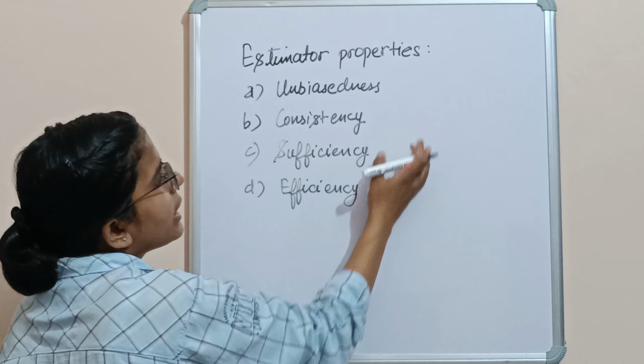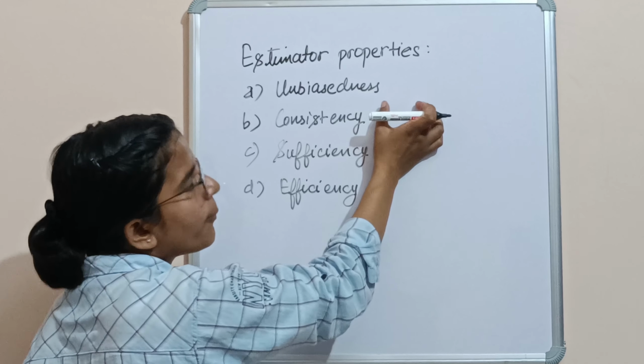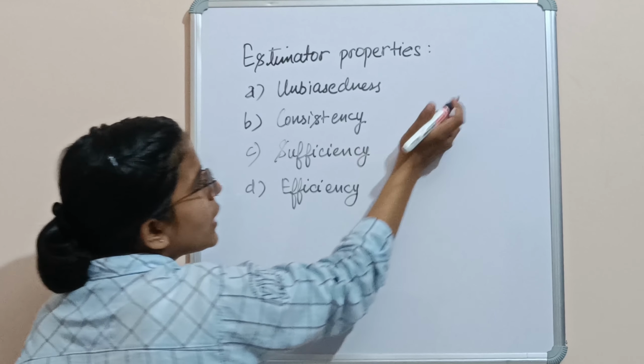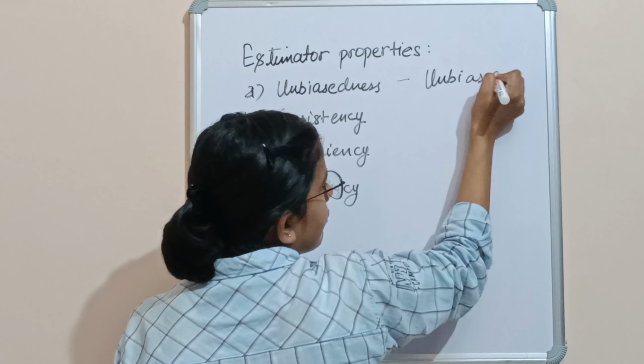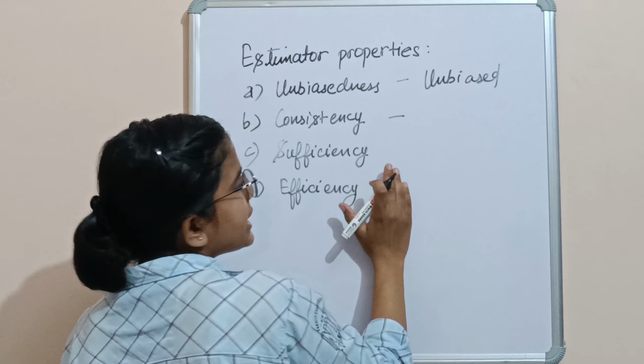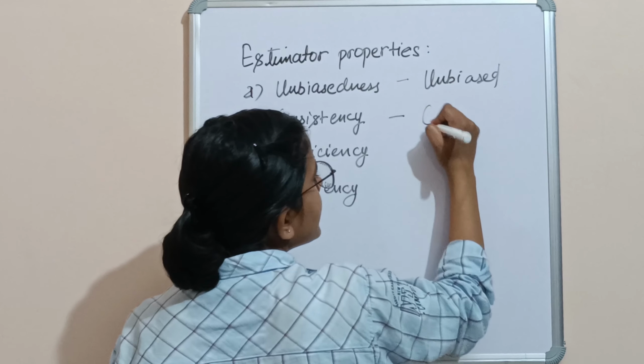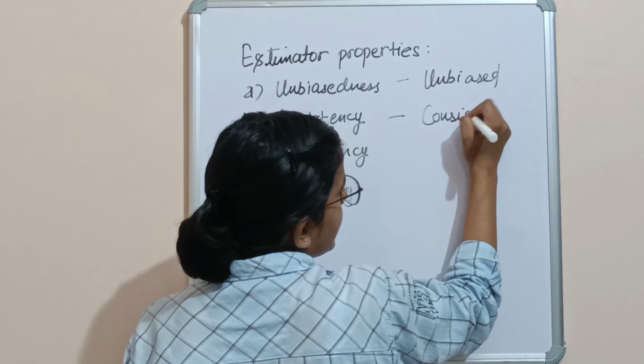If an estimator has the property of unbiasedness, then we will call it an unbiased estimator. If it has the property of consistency, then we will call it a consistent estimator.